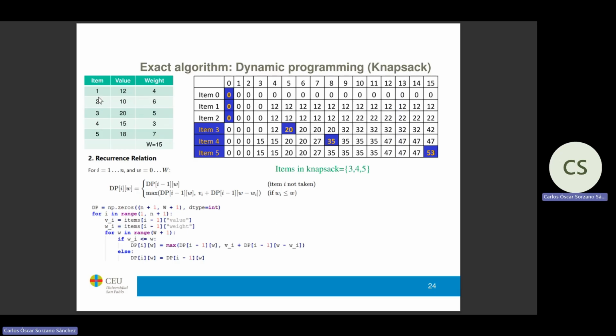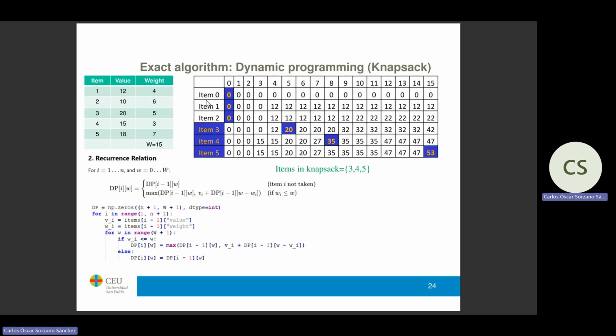Let's say that these are our items, this is the value of each one of the items and the weight, and we have a total capacity of 15. We start with all the rows at 0. Item 0 is no item.